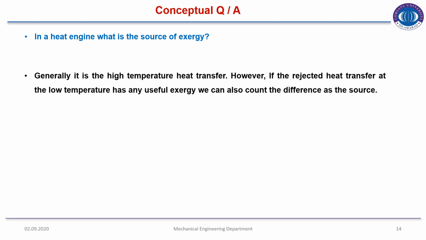So in a heat engine, what is the source of exergy? As you know, a heat engine is a work producing device. A certain amount of heat enters the heat engine. Some of it will be converted into work and the rest will be rejected into the atmosphere. So the amount of energy entering the heat engine is the source of exergy.